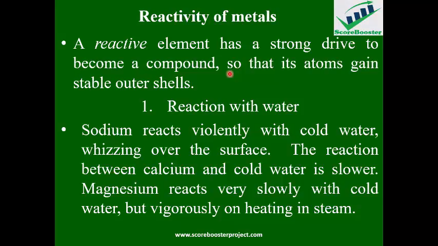You can remember when we were talking about periodicity, we said the most reactive metal is francium because of the large size of the atom, so there is not much effect from the nucleus on the outer shell. In such a way, francium can lose electrons more readily than sodium. Rubidium can lose electrons more readily than lithium, because for lithium the atomic radius is small and the outer shell is closer to the nucleus.